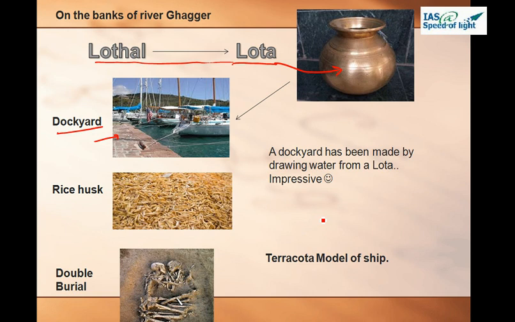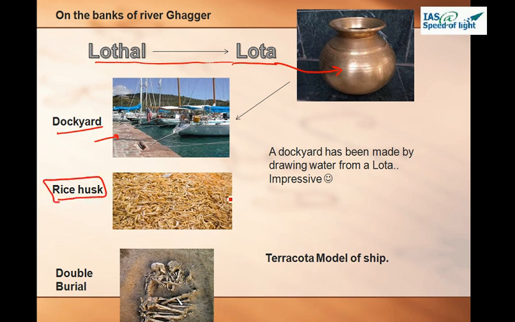So this has been a famous dockyard, Lothal, in ancient times, and it was in the state of Gujarat. Now if you want to attach the information of Gujarat with Lothal, it becomes very easy, because Gujarat is Narendra Modi for us, and linking Narendra Modi with lota for whatever purpose he might be using, it becomes a permanent memory for us. There has been evidence of rice husk from Lothal.